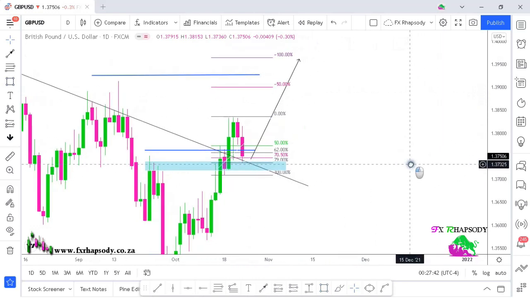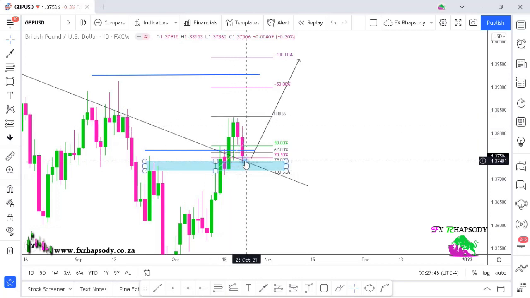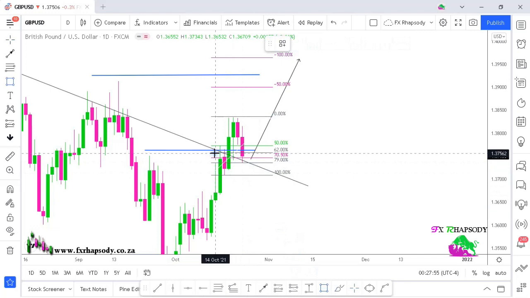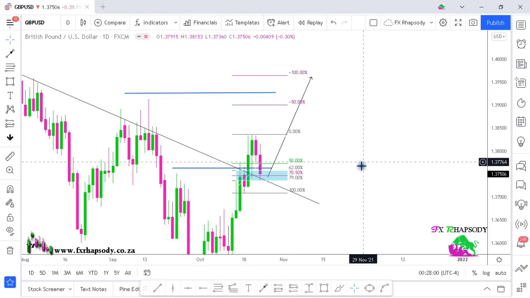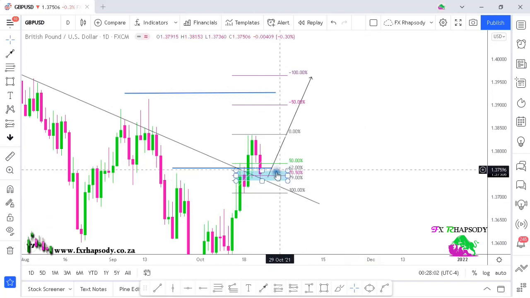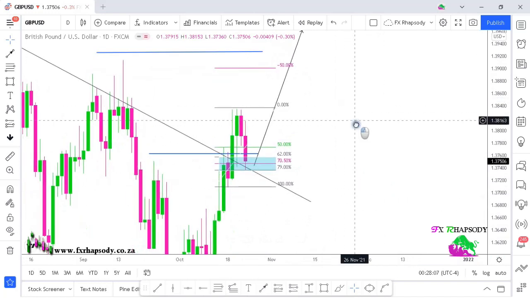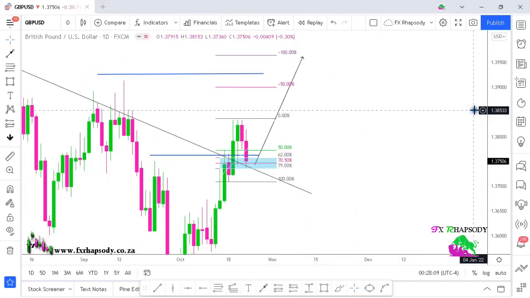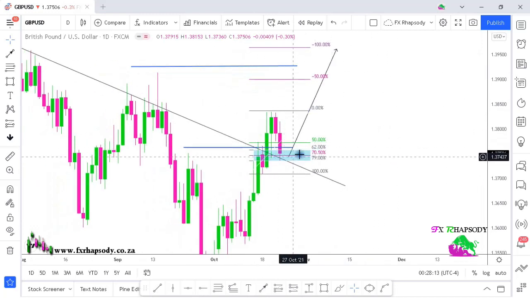If you look at the Fibonacci from the low over here to that high, swinging down, let's take this out to make it clearer for you. You can see price retracing to that zone between the 62 and the 79%. Now we're going to look for signs of bearish movement in the lower time frames, any bias possibilities.